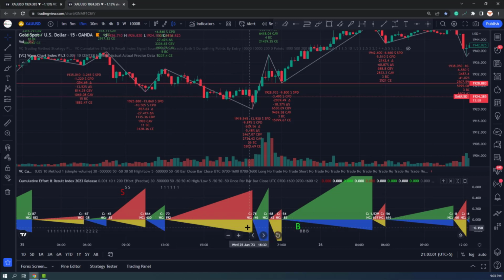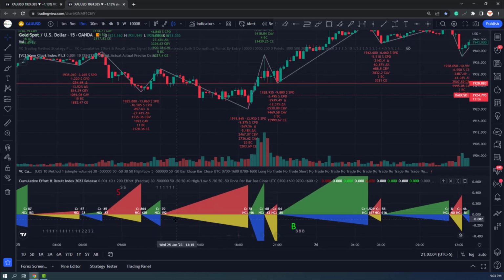On the negative side of the histogram, the yellow color is indicating the efforts of sellers, the efforts of bears, the effort that is consumed to drag this price from this level to this level.